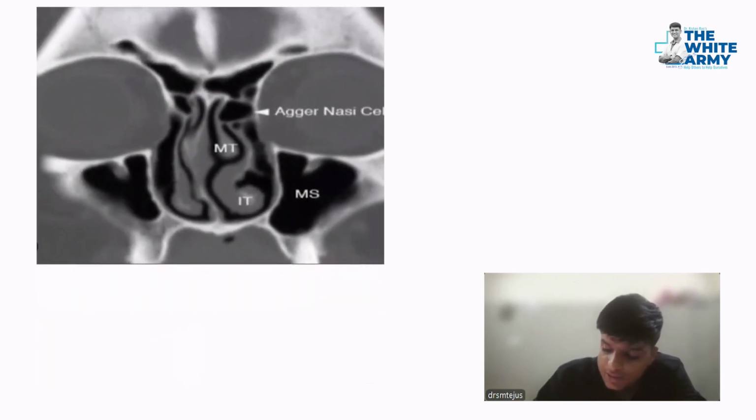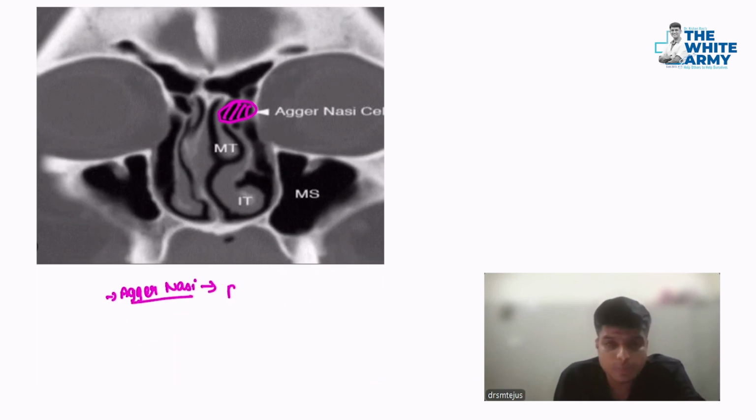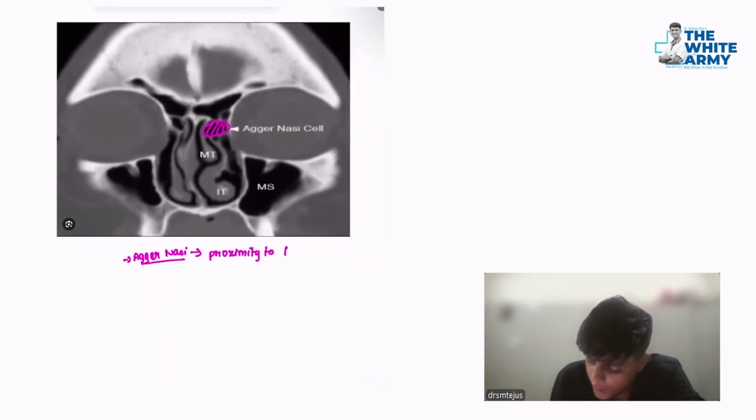Agger nasi cells. Like I already told you, these are agger nasi cells. Agger nasi is in the lacrimal region, present in close proximity to the lacrimal apparatus.